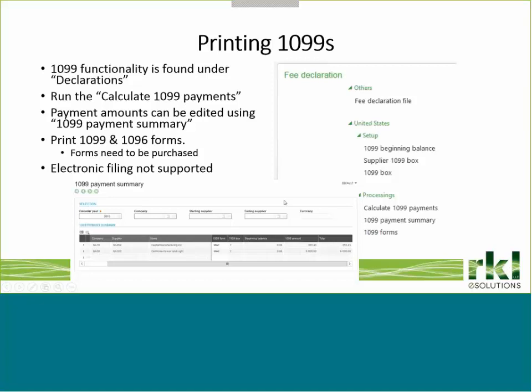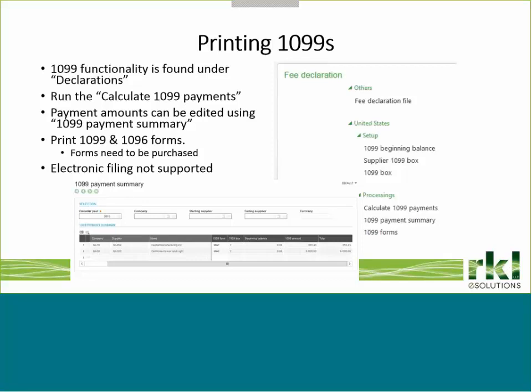If you need to edit the payments, you can go into the 1099 payment summary, which is this little screenshot below here, and on the action button for each line within the payment summary, you can edit the payment amount. If you click on the action button, you'll see a task to edit 1099 payment amounts. If everything's good, you can print the 1099 and 1096 forms.